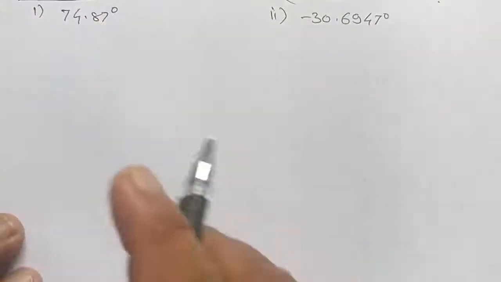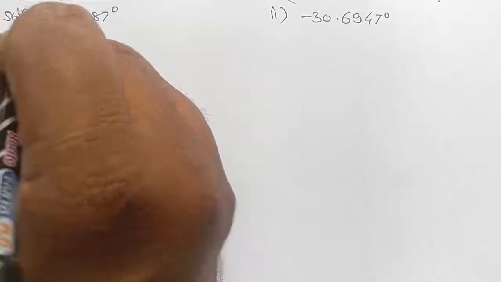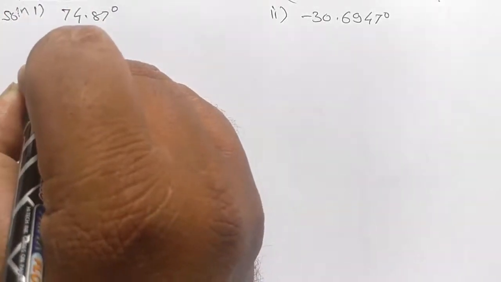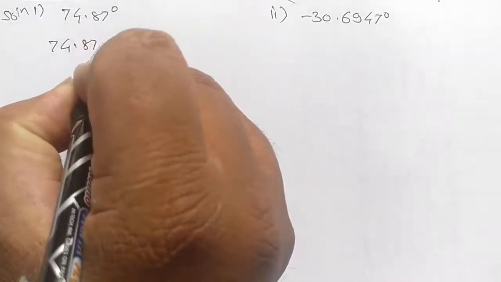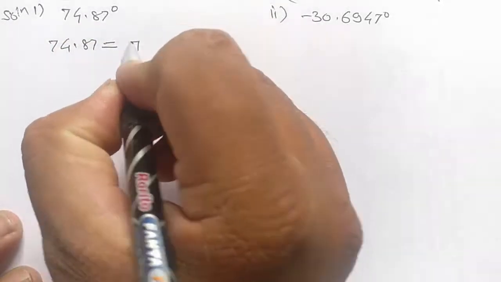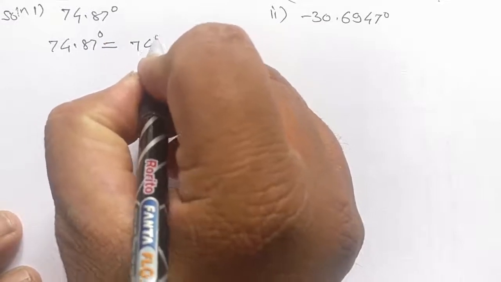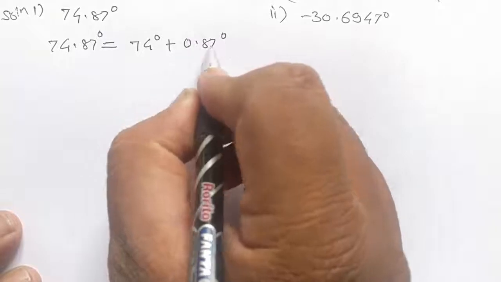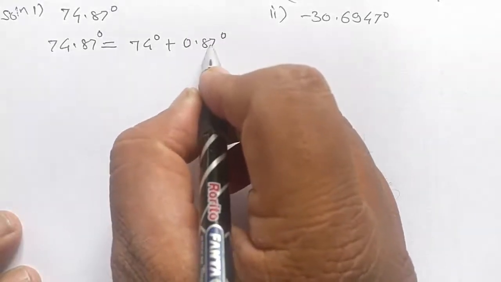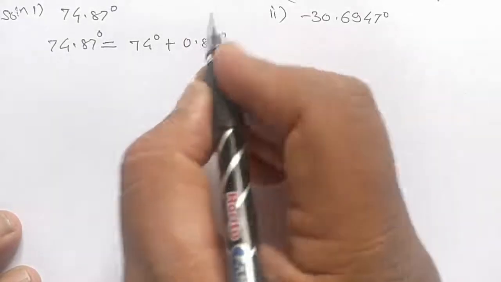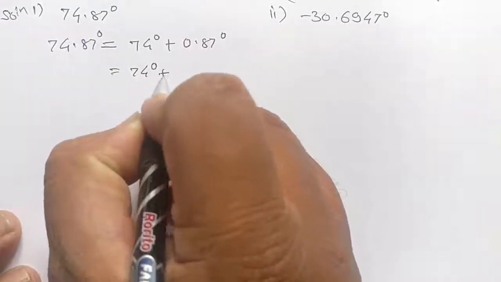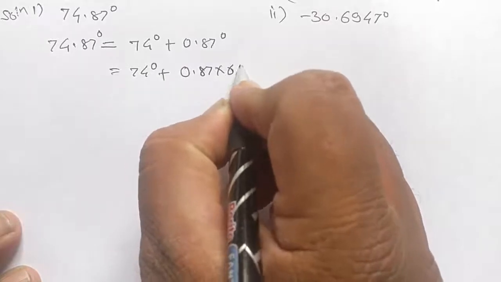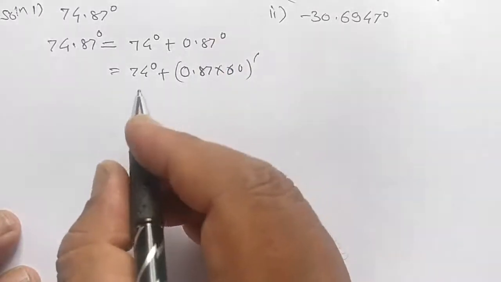First is the solution. 74.87 is equal to 74 degree plus 0.87 degree. Now this is a fraction part. We have to convert it into minutes. So we multiply by 60 minutes: 74 plus 0.87 into 60. So it is converted into minutes.